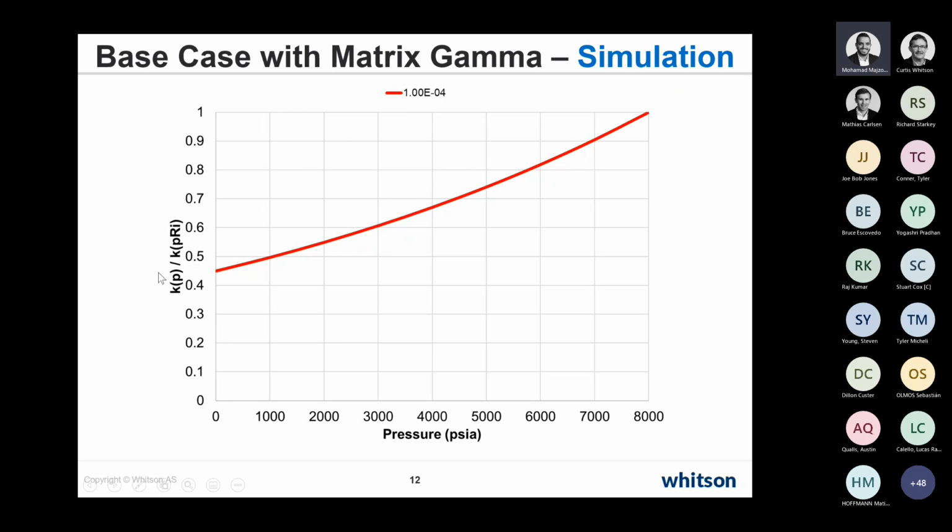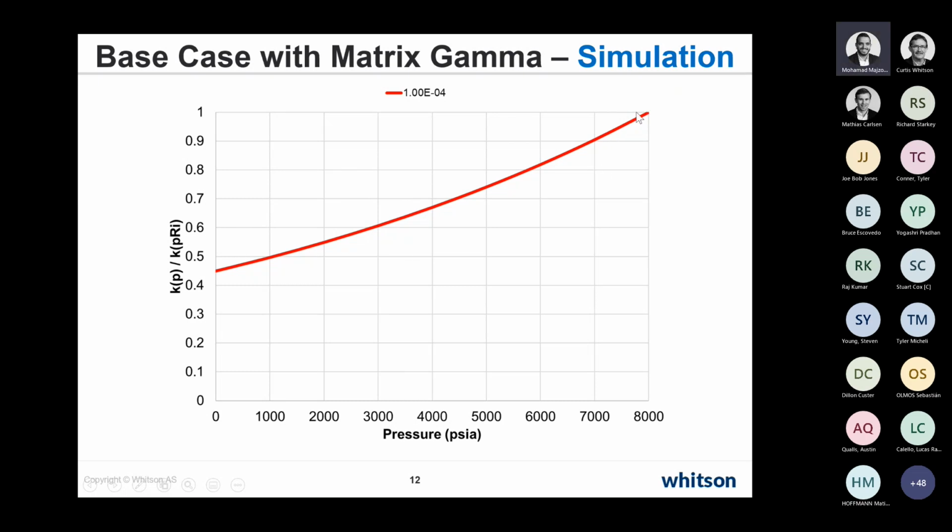What I'm plotting here in the y-axis is the permeability at a given pressure divided by the permeability at the initial reservoir pressure. So here the initial reservoir pressure is 8,000. At that pressure, the ratio is equal to 1. And a ratio of 0.5 means that your permeability has been reduced by half at this pressure. So at 1,000 PSI in this case, we have half of the permeability that we had at initial reservoir pressure.